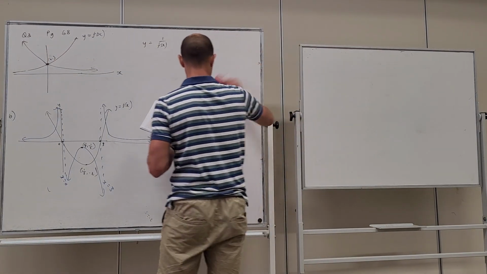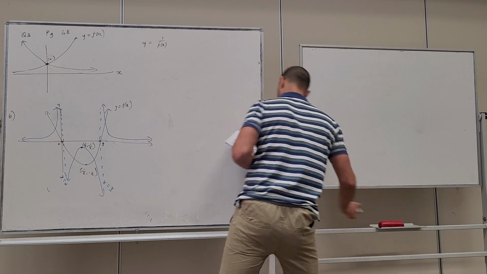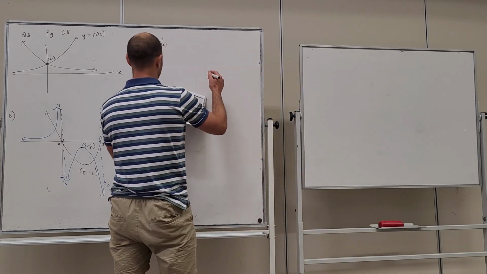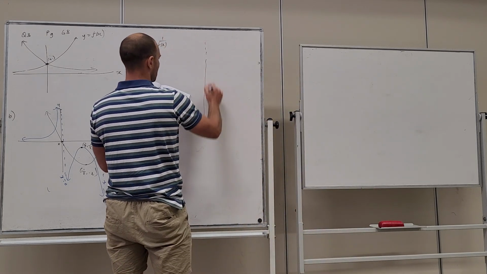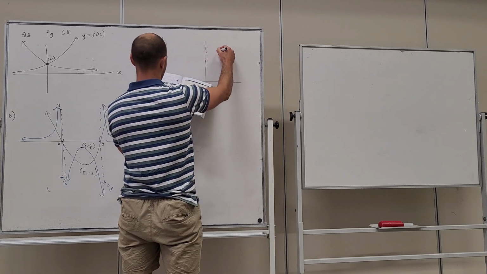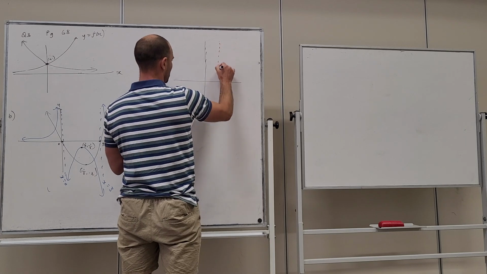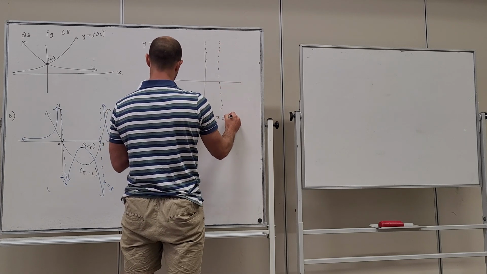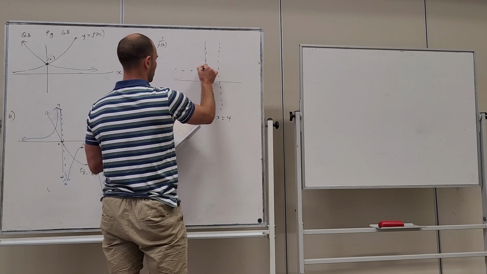Then last one, we have a reciprocal function. And we can find the equation of this function as well. I'll just draw it like that. So when we have an asymptote at x equals 4, and a horizontal at y equals 1.